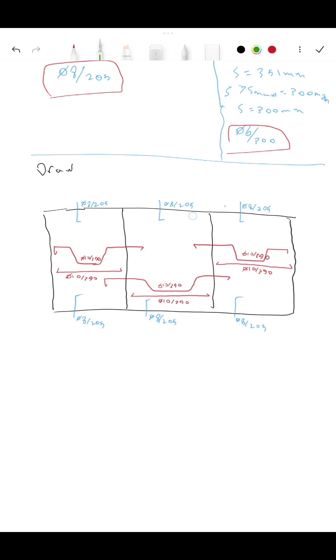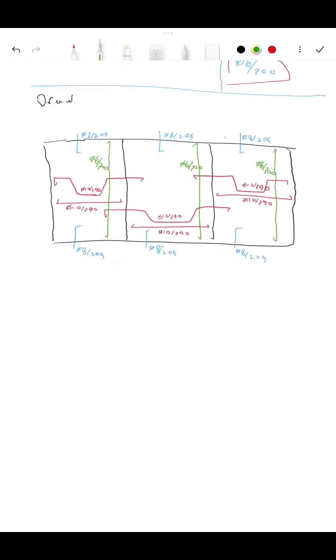This one will be here in the long direction, and we will have it also here, and here: phi 6 divided by 300, and phi 6 divided by 300. And this is exactly the needed drawing, the last drawing you need to draw. And that's the end of this example.